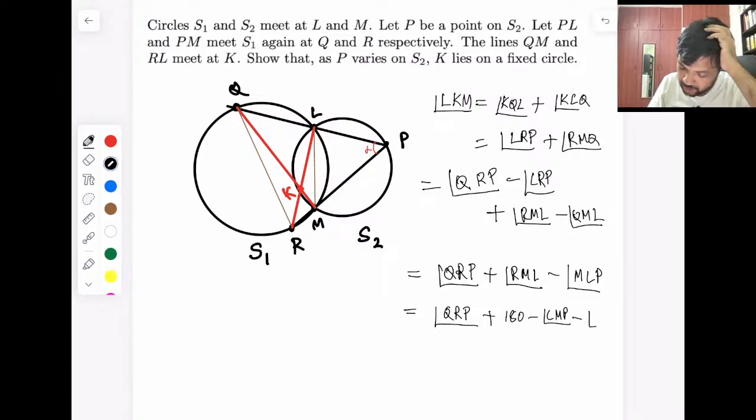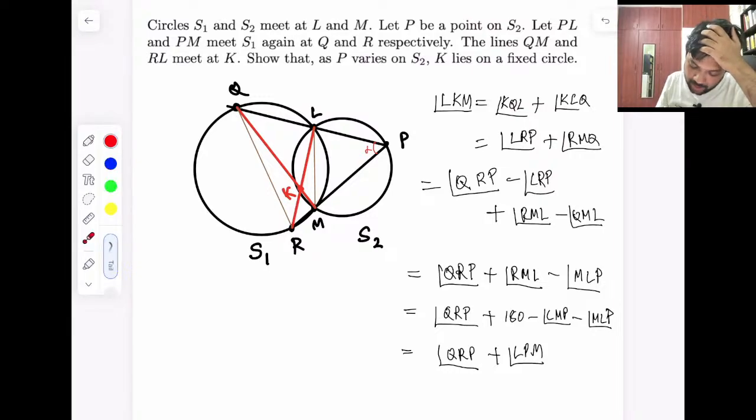Because now 180 minus LMP minus MLP is just PLM. So I'll get QRP plus LPM, which is what I wanted. I think LPM is not changing.